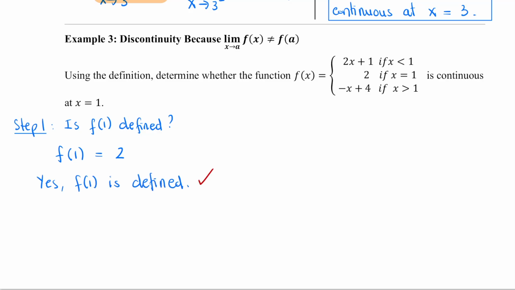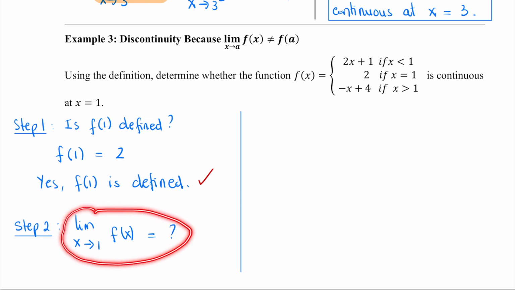Next, let's compute the limit as x approaches 1. To find the limit of f of x as x approaches 1, I need to find the left-hand limit and the right-hand limit.